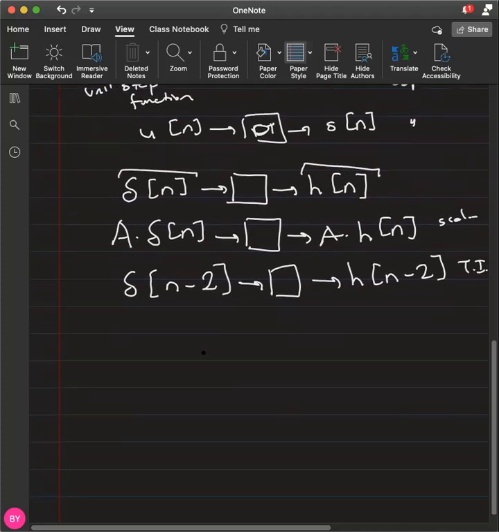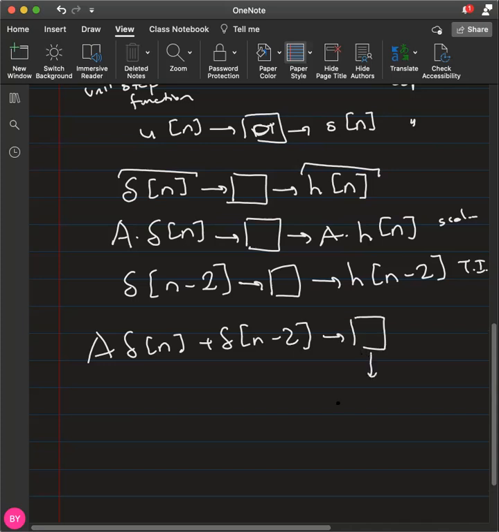Now, using the linearity property, if a times Dirac n plus Dirac n minus 2 is my input to my system, then I should obtain a times h of n plus h of n minus 2. This is a very important property. Again from superposition, if I add two inputs, I should also add two outputs together.